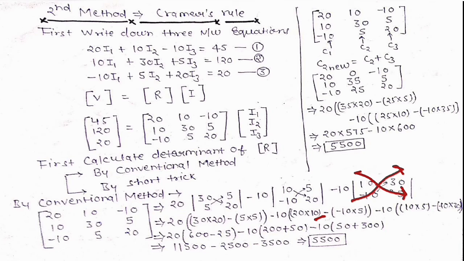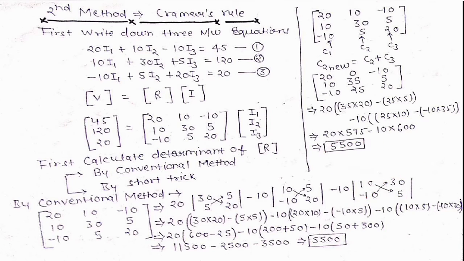When you calculate from left to right in the downward direction, then it is positive. And when you multiply from left bottom to right upper, in that case it will be negative.